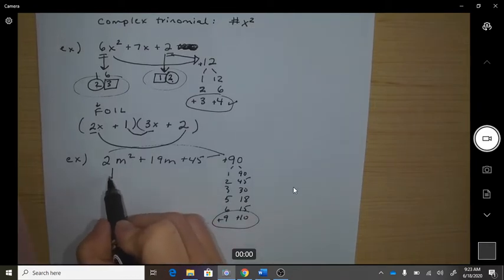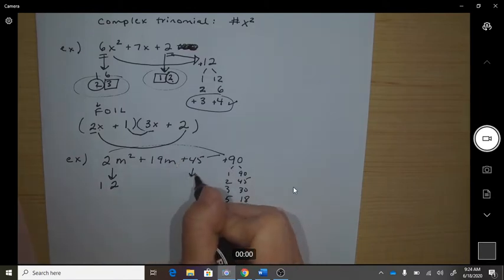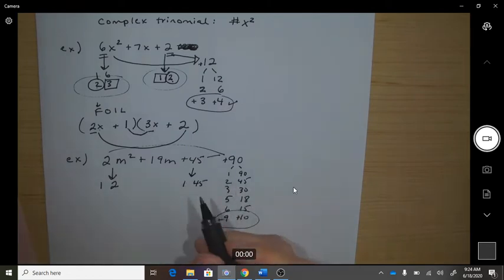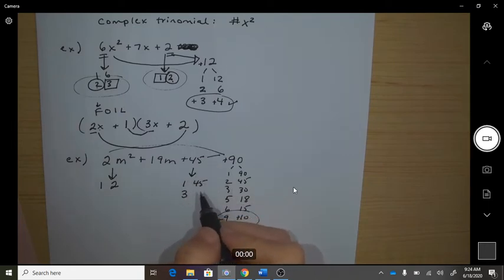Okay, go underneath your 2. How you would have multiplied to the first, you need a 1 and a 2. How do you multiply to 45? Well, you actually have a couple choices. 1 times 45, 3 times 15, and 5 times 9.